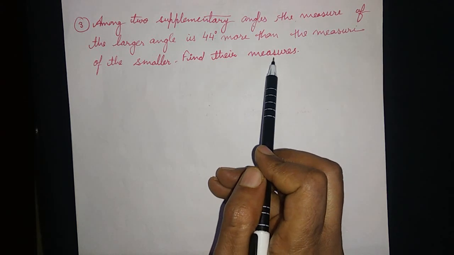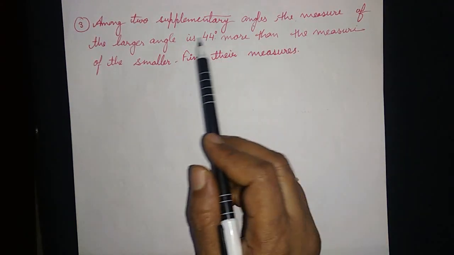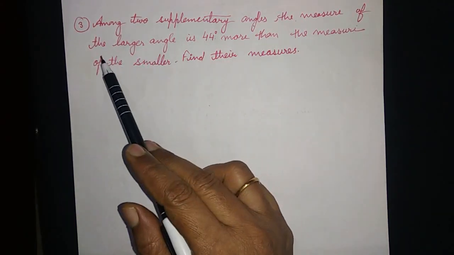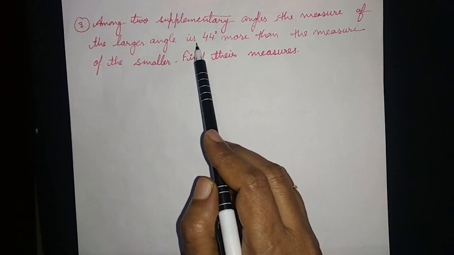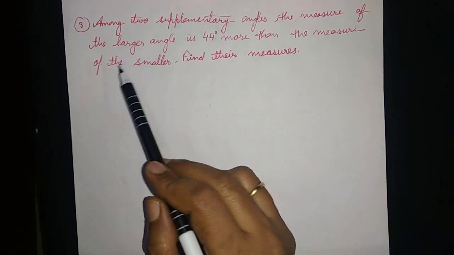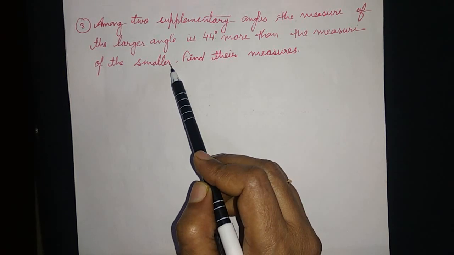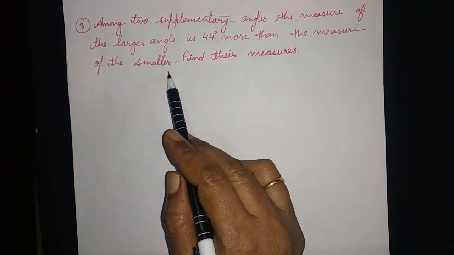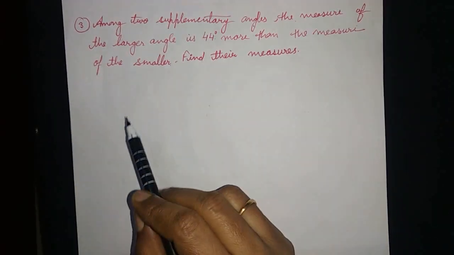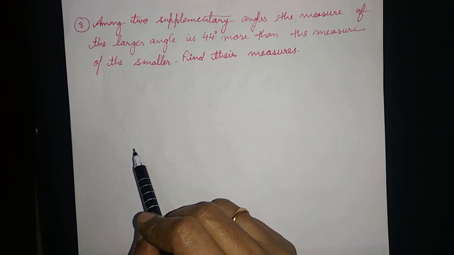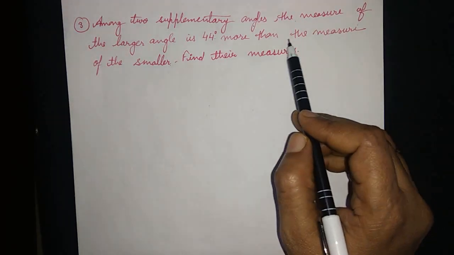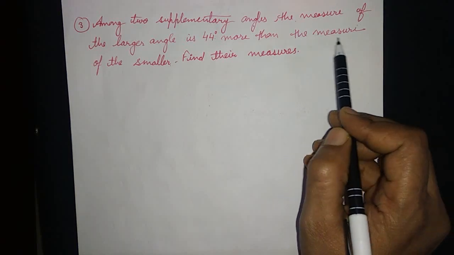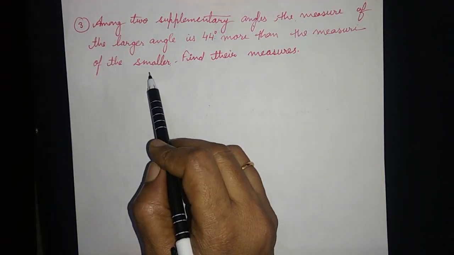Find their measures. Here you have seen this sentence, the larger angle is 44 degree more than the measure of the smaller. Okay. Now here you think which angle you will assume here. So here you will see that you have to assume measure of the smaller angle.